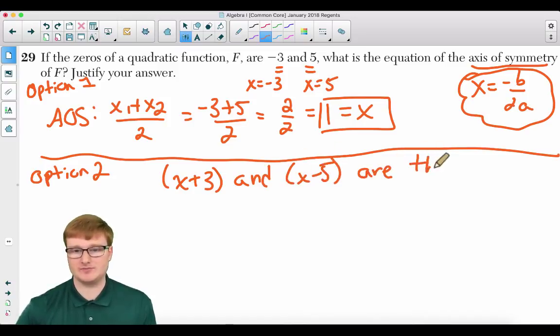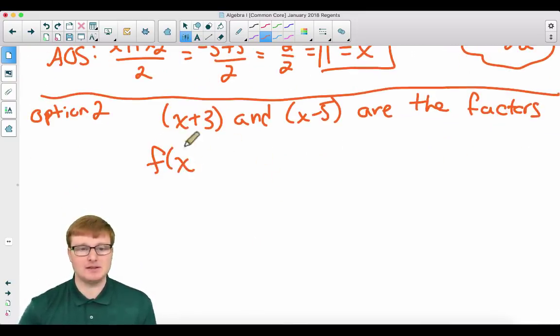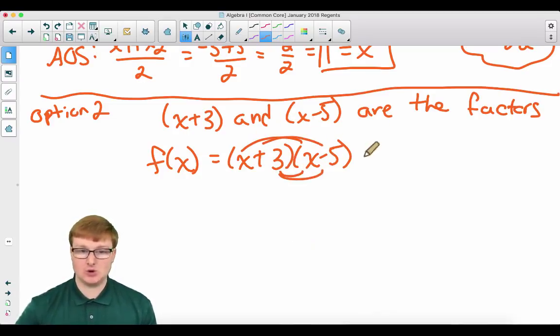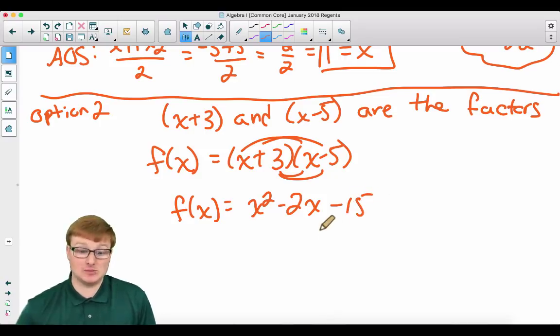So let's set up an equation: f of x equals (x + 3)(x - 5). Because this is a quadratic, we can multiply them and distribute: first, outer, inner, last. So f of x equals x squared minus 2x minus 15 when you combine like terms.